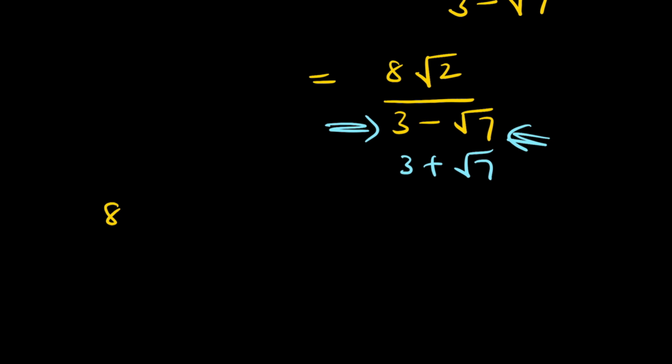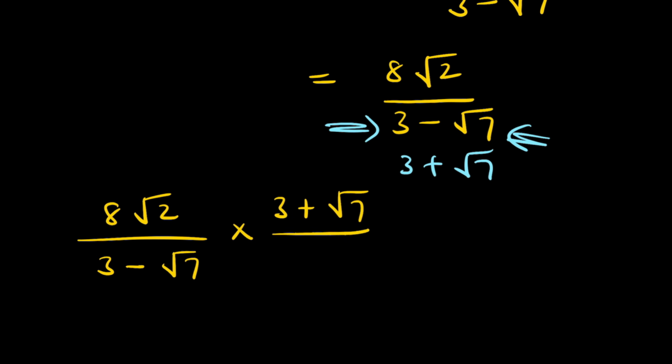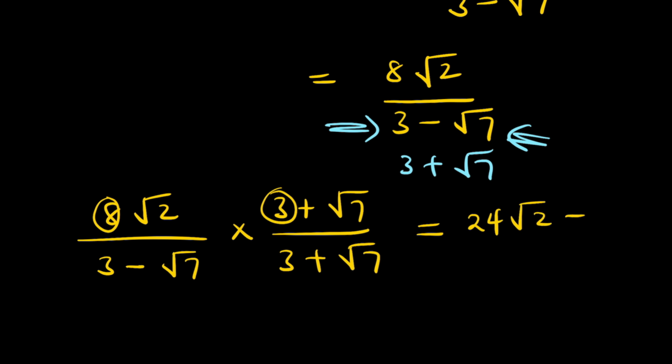And how do you multiply that? This is how you are going to do it. We have 8 root 2 divided by 3 minus root 7. So you multiply both the numerator and the denominator by the conjugate of that denominator. And 8 times 3, that gives us 24 root 2. Then plus 8 root 2 times root 7, that will be 8 root 14.